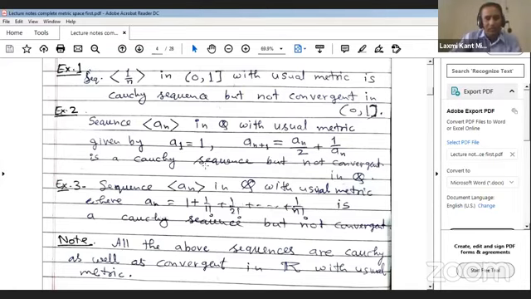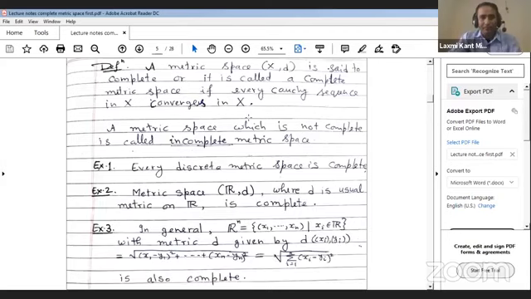We have discussed the definition of a complete metric space: a space in which every Cauchy sequence converges in that space. And a metric space which is not complete is called an incomplete metric space.